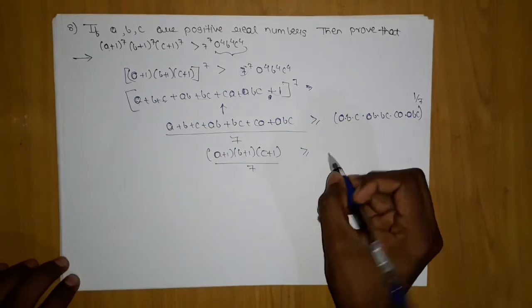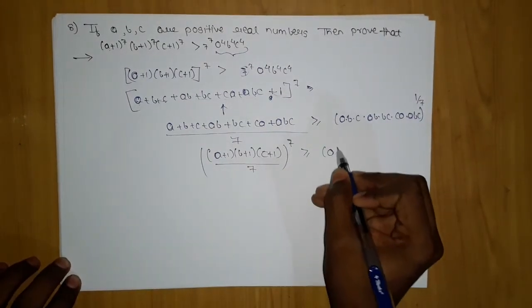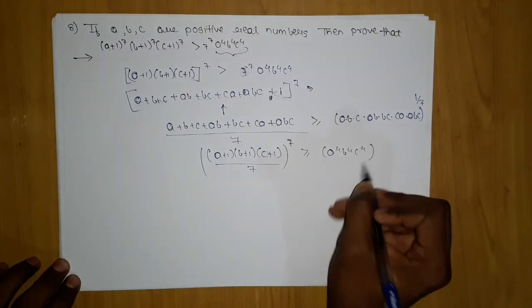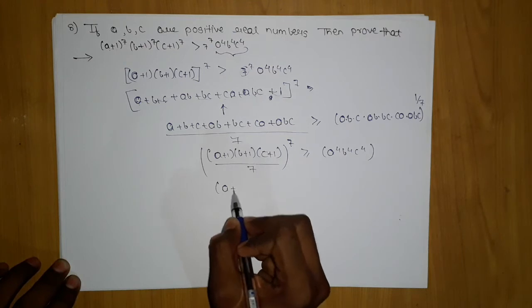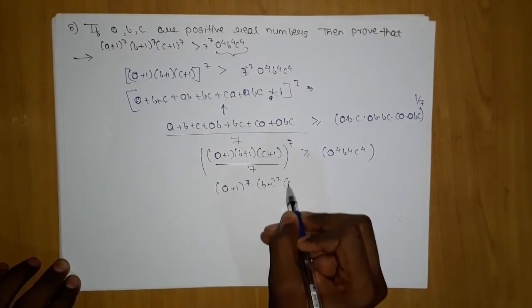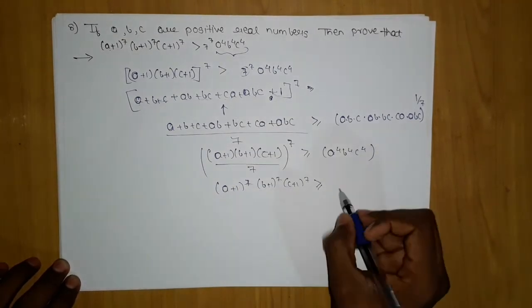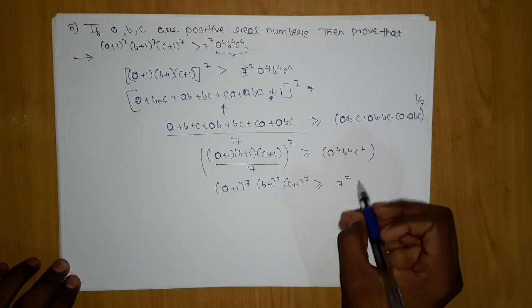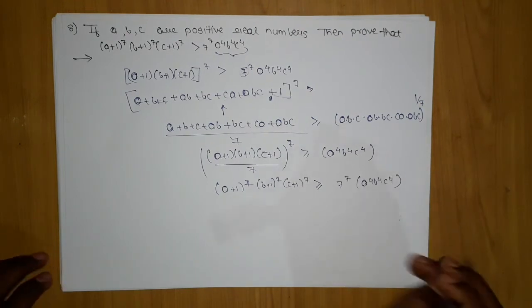So we will move this power 7 here, which will give me a power 4, b power 4, c power 4. Now after this, you can do it by yourself also. (a plus 1) power 7, (b plus 1) power 7, (c plus 1) power 7 is greater than or equal to 7 power 7, a power 4, b power 4, c power 4. So we are done with this problem.